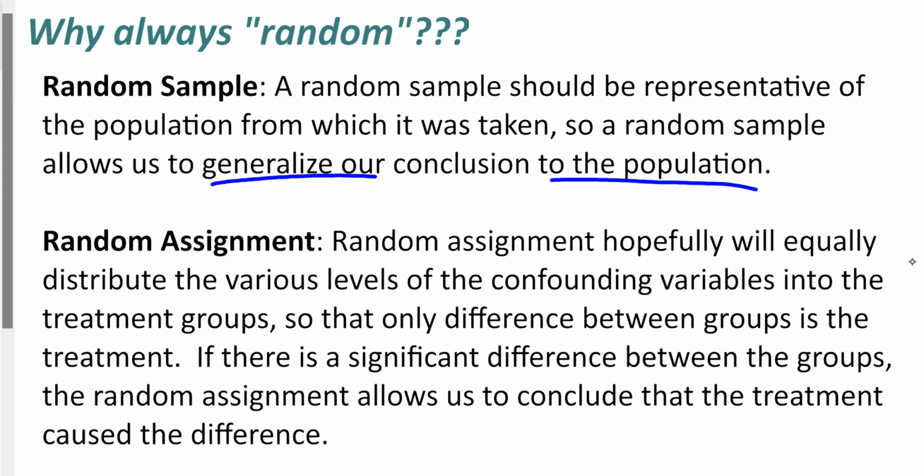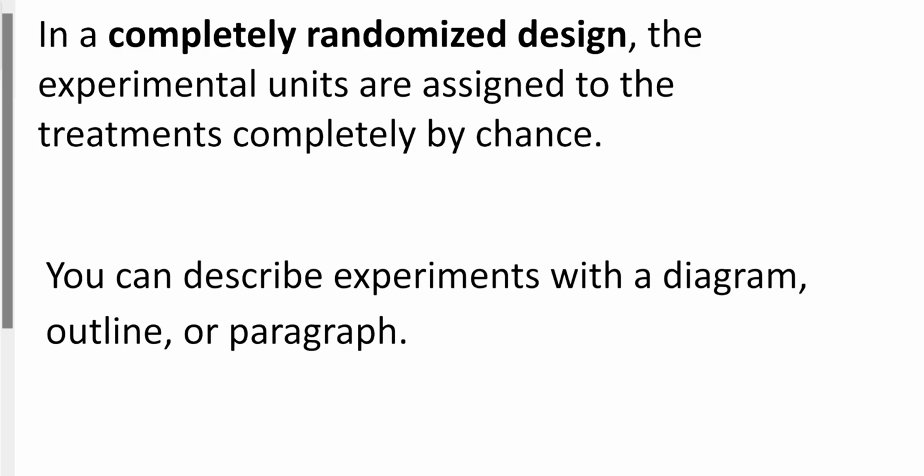If there's a significant difference between the groups, the random assignment allows us to conclude that the treatment caused the difference. So random assignment gives us cause and effect. Okay, we can actually say this caused this. This treatment caused an increase in this. So in a completely randomized design, you'll see this term completely randomized design, the experimental units are assigned to treatments completely by chance. It is random assignment.